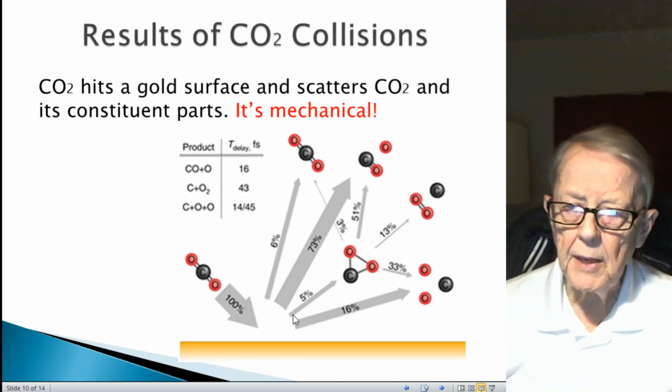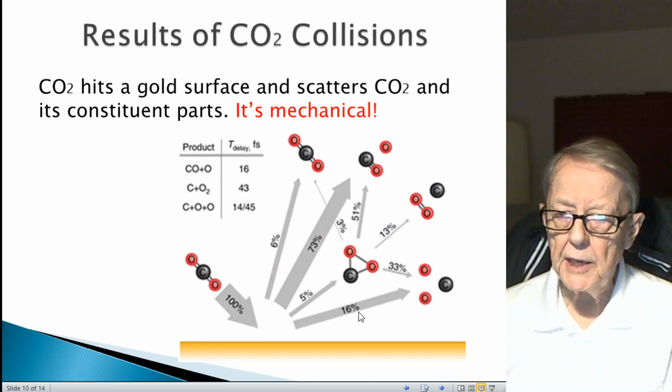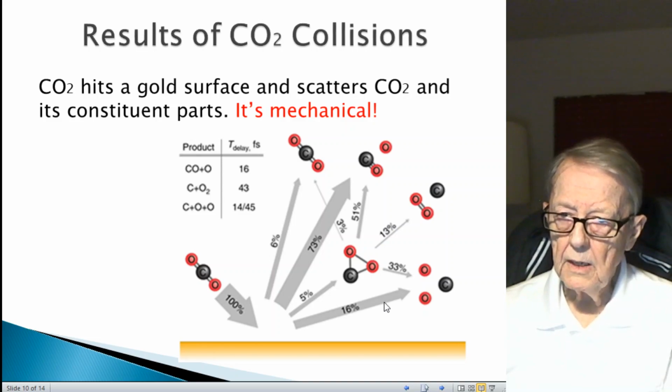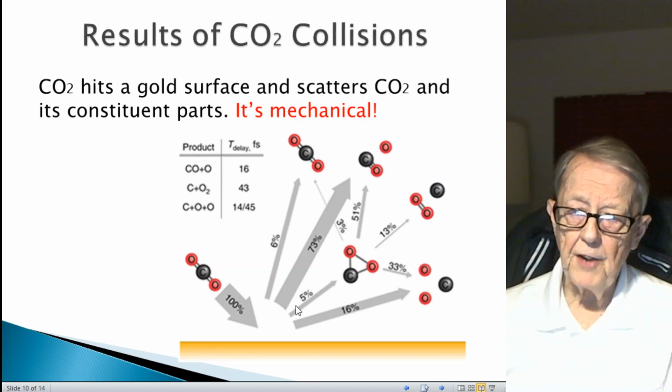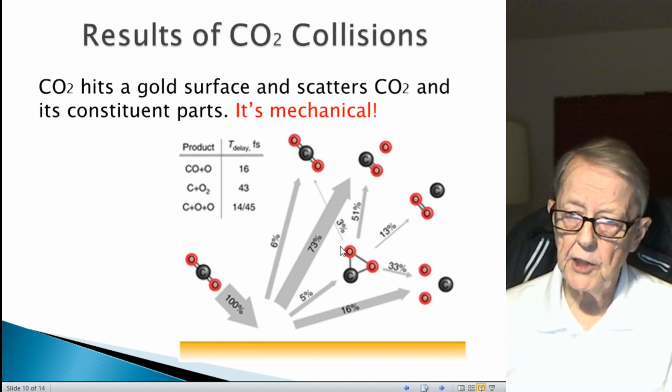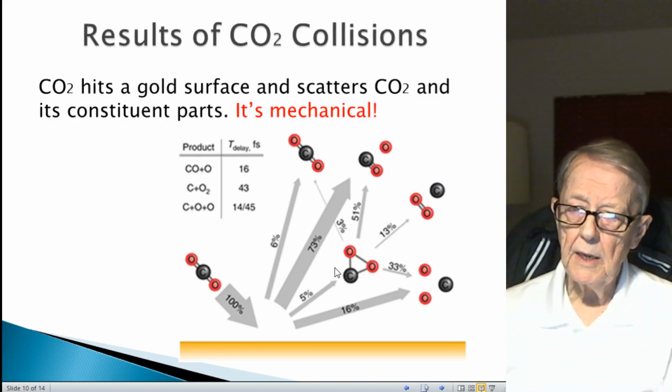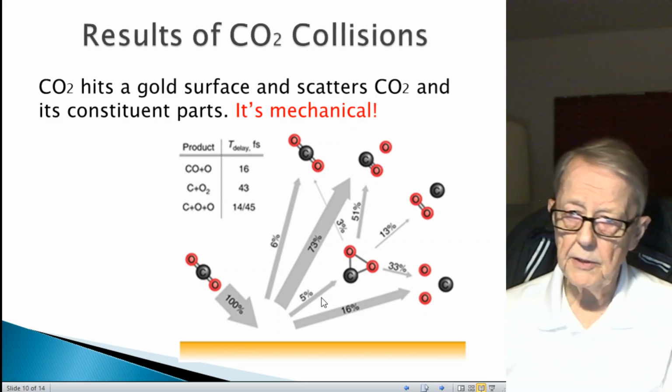And then 16% actually totally split the whole carbon dioxide into a single oxygen, another single oxygen, and the carbon. The interesting one is the 5% that changed to a new structure. This is a linear structure. This is a triangular structure.